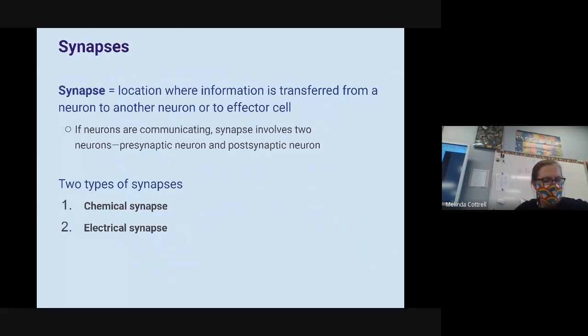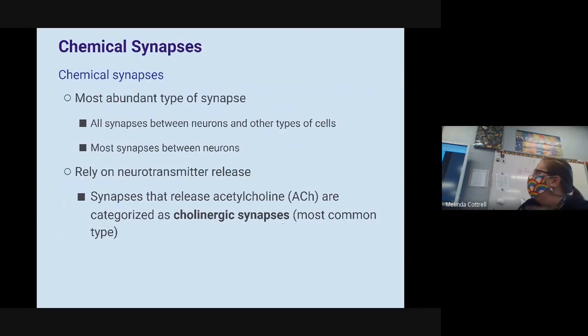Synapses. So we do have to scooch through this last section. Synapses, of course, are where a presynaptic and a postsynaptic neuron are not necessarily touching, but very close. So this is where information is transferred from a presynaptic to a postsynaptic neuron. There are two types, chemical and electrical. Chemical, I'm going to go through very quickly because we've talked about it before. We talked about acetylcholine with the neuromuscular junction.